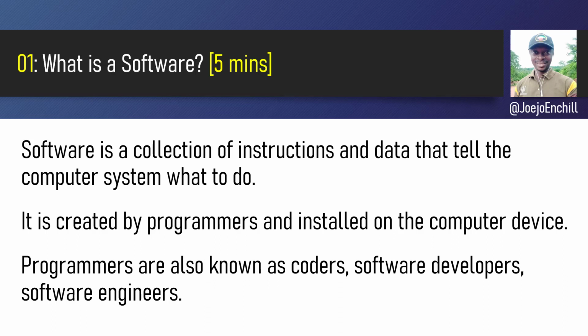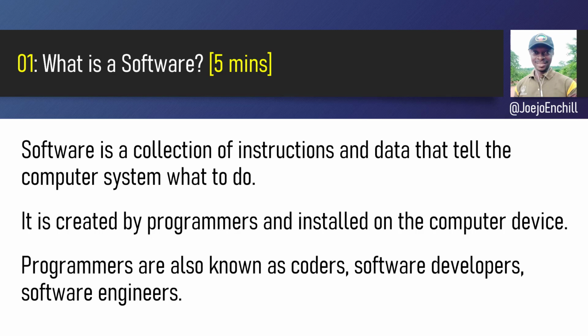Now, creating the set of instructions can also be referred to as developing the instruction. So therefore, the person can be referred to as a software developer. Now, because this act involves some sort of science, engineering, logic, mathematics, thinking, and bringing something into existence, we also refer to them as engineers or software engineers.